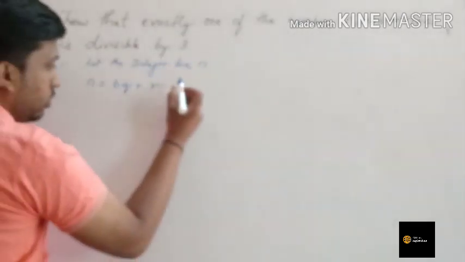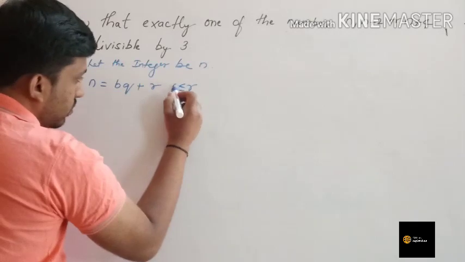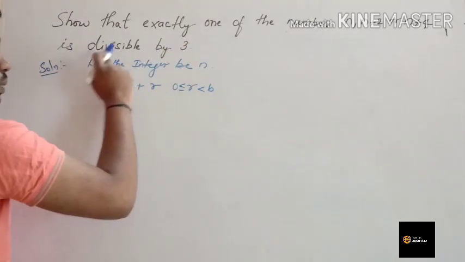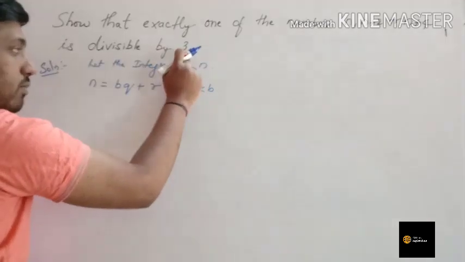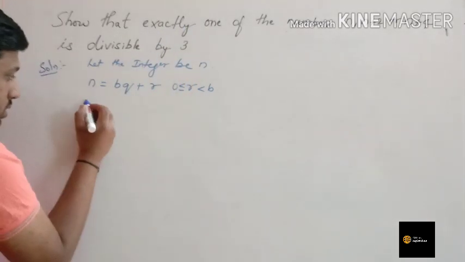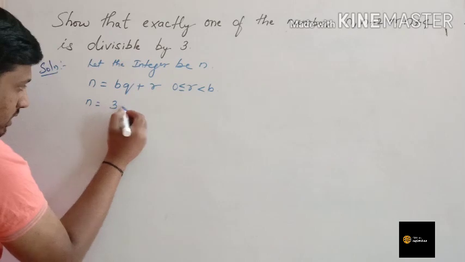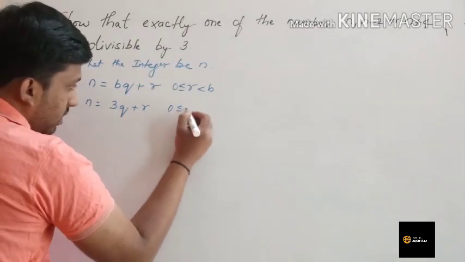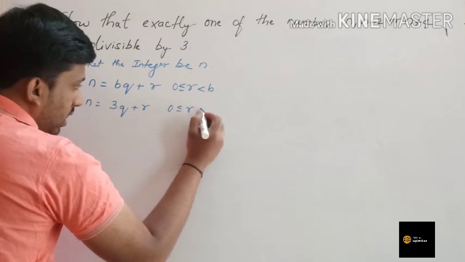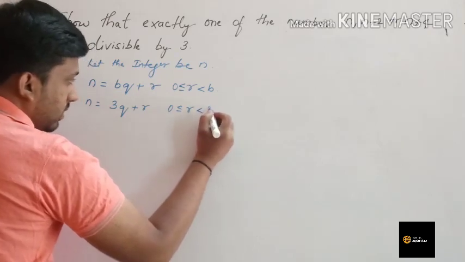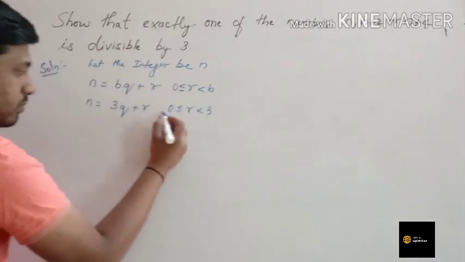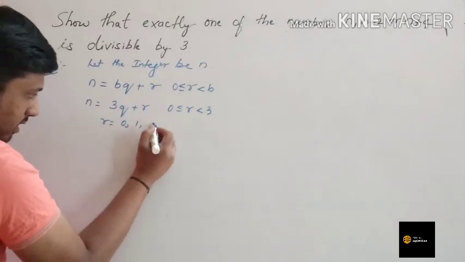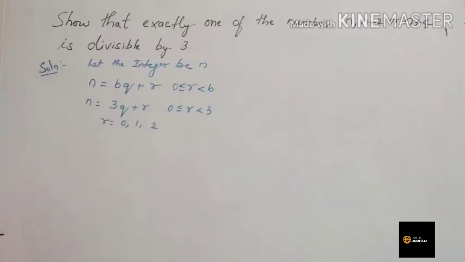So n is equal to bq plus r, where r is between 0 and b. Here divisible by 3, which means they are speaking about b. b is 3. So n is equal to 3q plus r, where 0 is less than or equal to r less than 3. So from this we can see that r is equal to 0, 1, 2. This is the condition that arises.